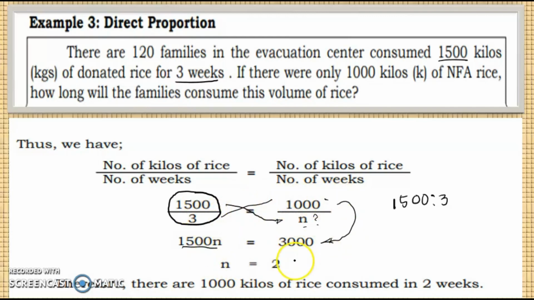So, n is equal to 3,000 divided by 1,500. Okay? So, 3,000 divided by 1,500 is equal to 2. So our n is 2.